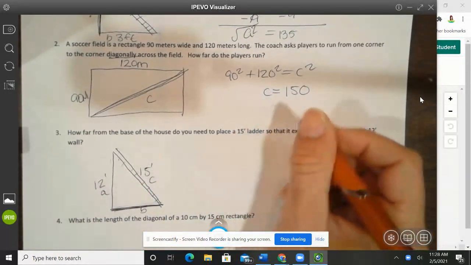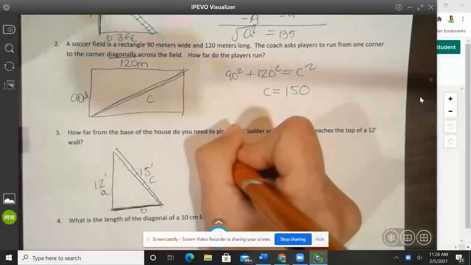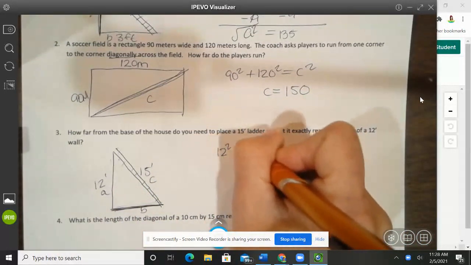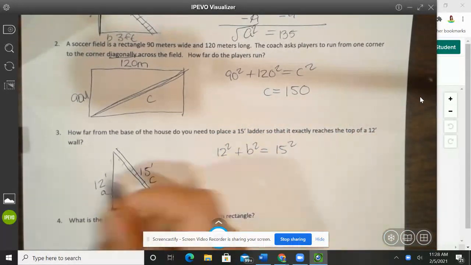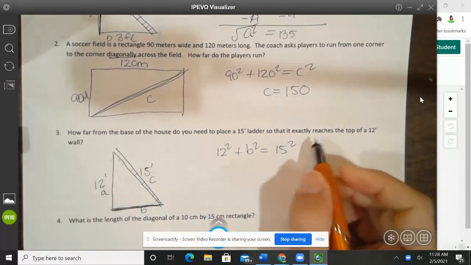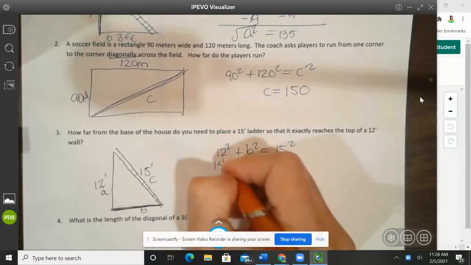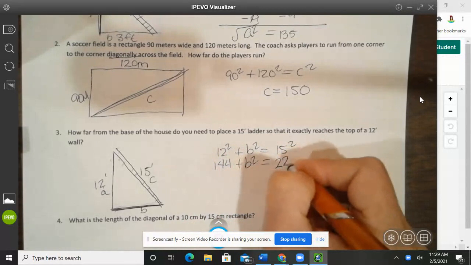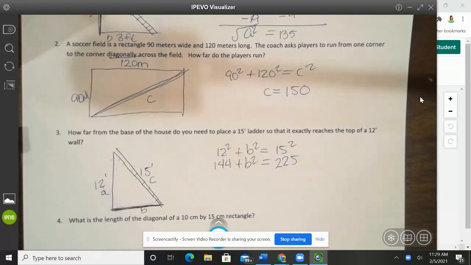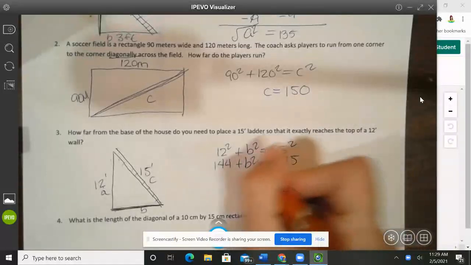So let's do that. We have 12 squared plus B squared equals 15 squared. Remember, A and B can be either or, it doesn't matter, right? So that's 144 plus B squared equals 225. And then 225 minus 144, that's 81.